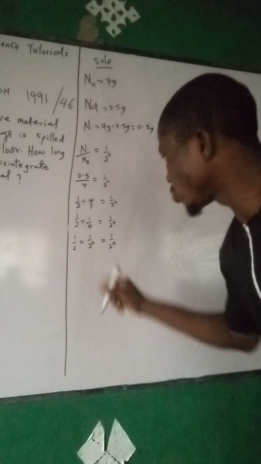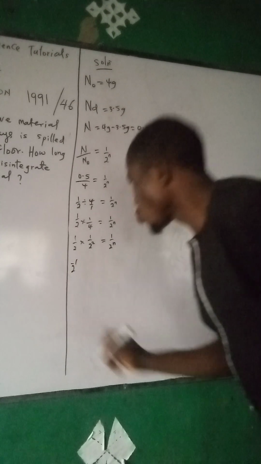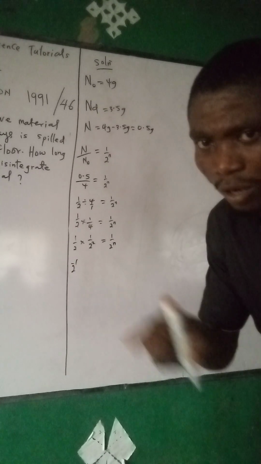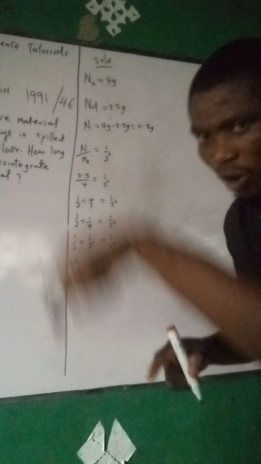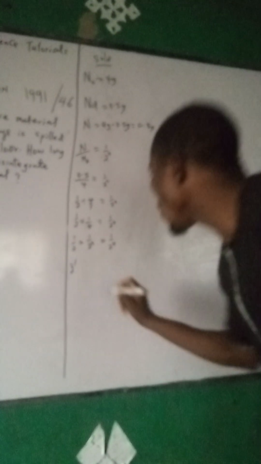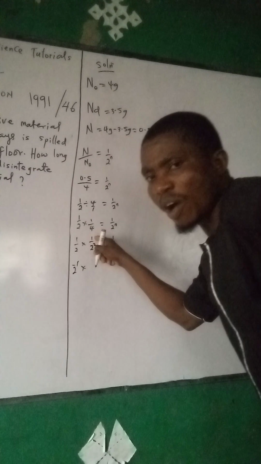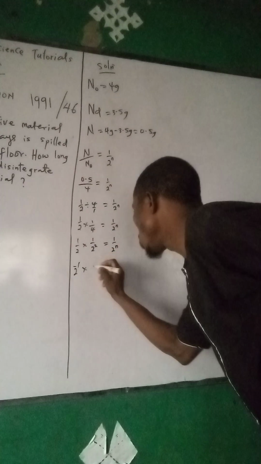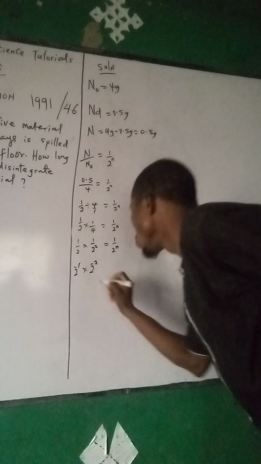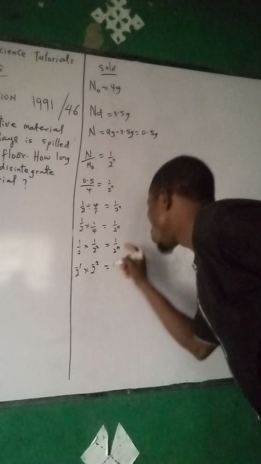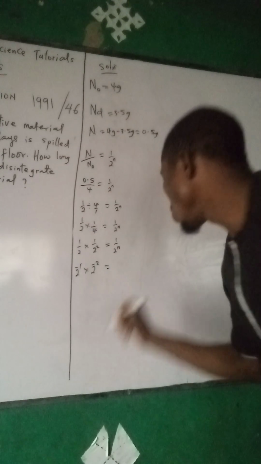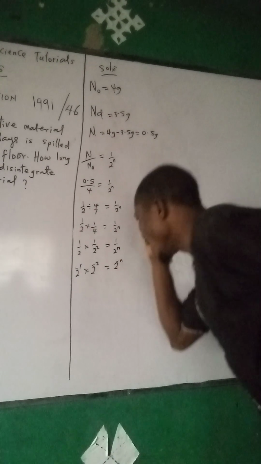The index form of 1 over 2 is 2 power minus 1, because power minus 1 means 1 over. So it should be 2 power minus 1, times 2 power minus 2, equal to 2 power minus n.